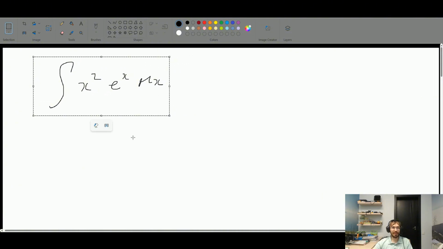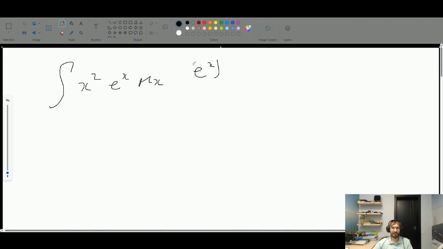Well, we need to identify first what is u and what is v. e to the power x does not change, so it stays, its derivative and its integral are the same. So it will not go away if we differentiate it. So (e^x)' is still e^x, which doesn't help.